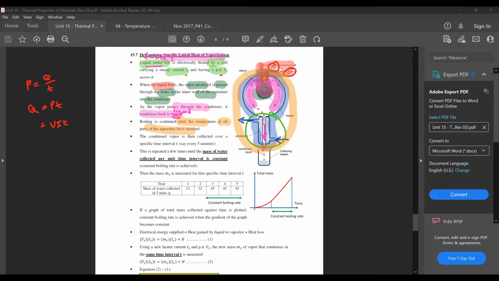You don't want to start the experiment when the temperature is still fluctuating. You want to make sure that the temperature throughout is constant or steady before you start collecting data. All right. So what you want to collect from this experiment is the vapor that has condensed back to liquid. All right, you see your vapor flows down, it condenses back to liquid.